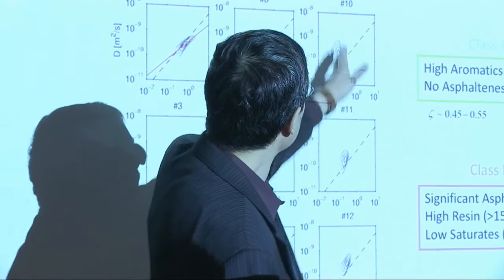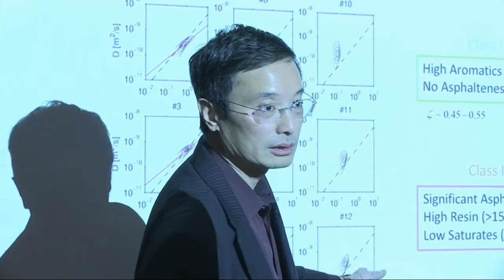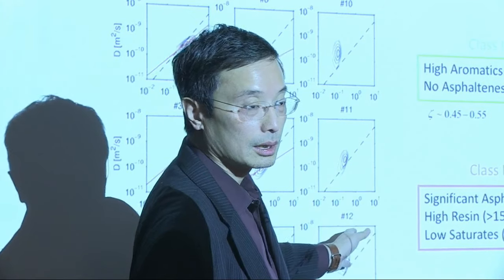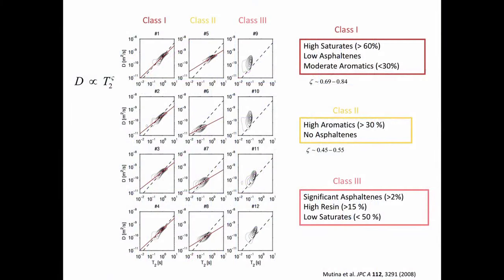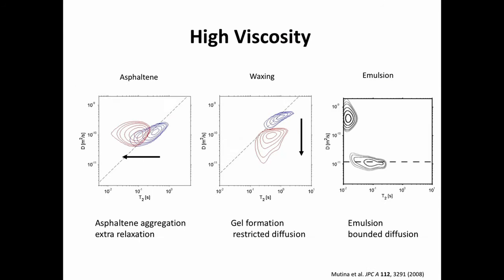This last side is more asphaltene-rich oil, and this is simpler, mostly alkane. So the composition actually has an impact on these two-dimensional measurements. We don't have a full understanding of that, but that's part of the topic we're working on.